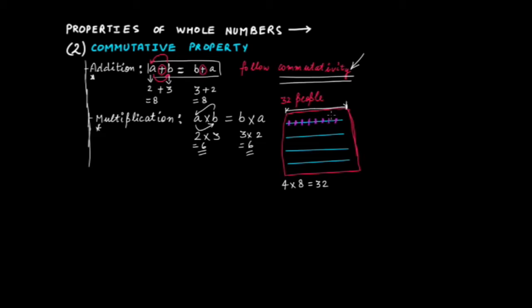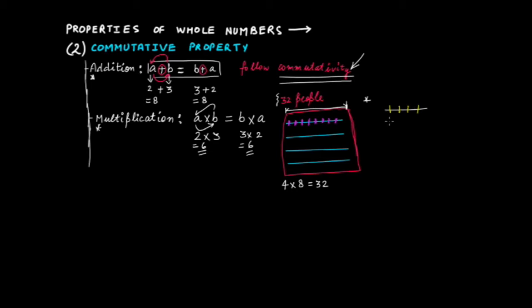We cannot put more than 4 chairs. Then what would you do? You have to make arrangements for 32 people, and there is a condition that in one row you can only put 4 chairs, not more than that. So what would you do?